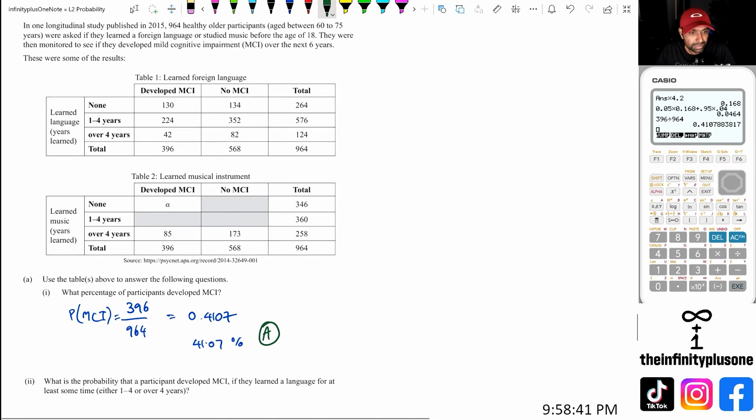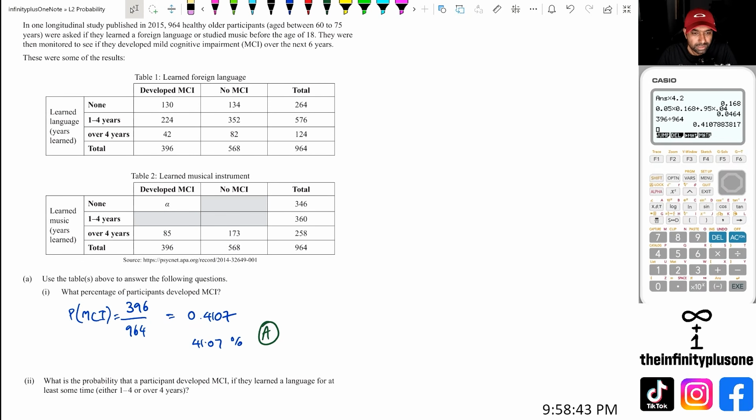All right, and for the second part of the question, we've got what is the probability that a participant developed MCI if they learned a language for at least some time, either 1 to 4 or over 4 years. So this is an interesting one, right? Because we're looking for the probability that participants developed MCI.